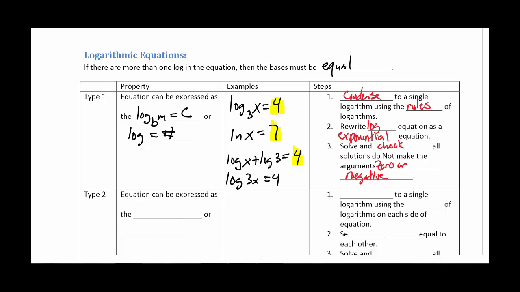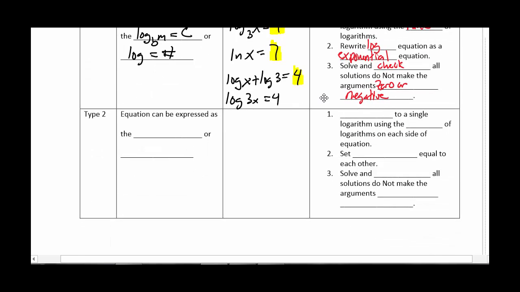The second type can be expressed as the log of any base of a number equals the log of another number. In other words, if I can get it to say log equals log, then I can apply this particular rule.